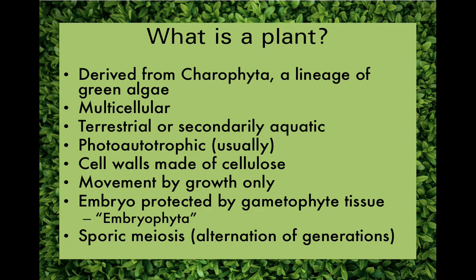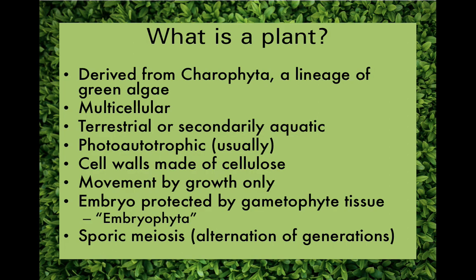And plants are truly multicellular with different types of tissues, and in the higher plants, tissue systems. They are terrestrial, although some have evolved back into freshwater and, in rare cases, marine environments. They are photoautotrophic, meaning they can photosynthesize and fix carbon.